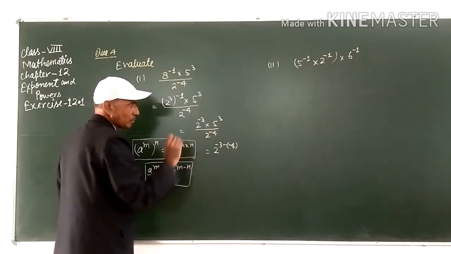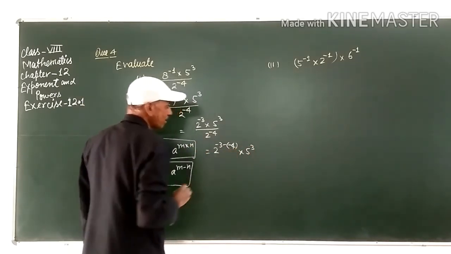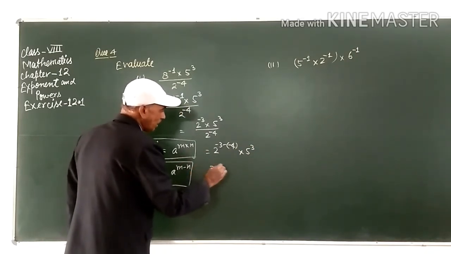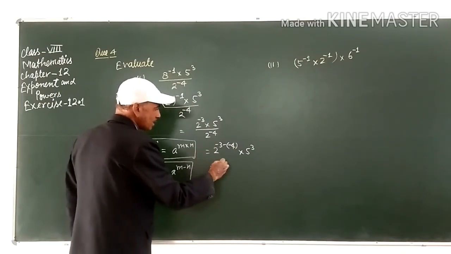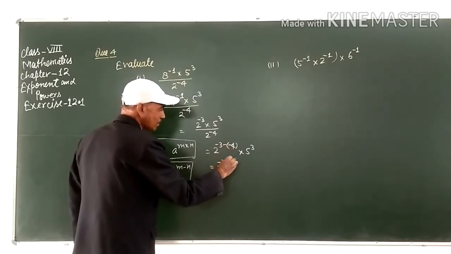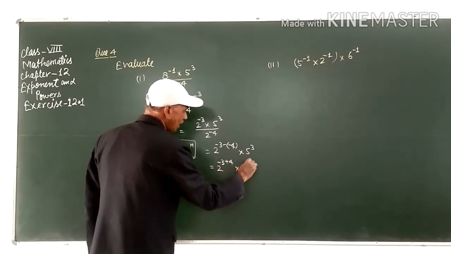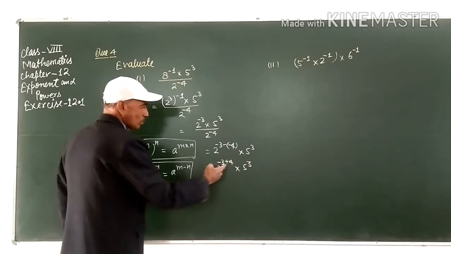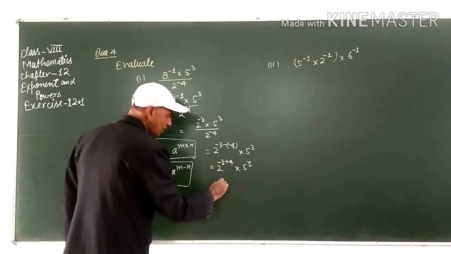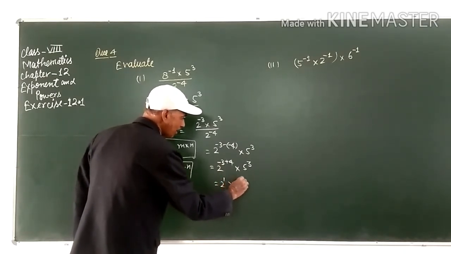Students, this one is minus 4, so there is a negative sign, that is m minus n is minus 4 here, into 5 raised to the power 3. So this will be 2 raised to the power minus 3, and minus into minus will be plus 4, into 5 raised to the power 3. So plus 4 minus 3 is subtracted, so it will be 2 to the power 1 into 5 to the power 3.